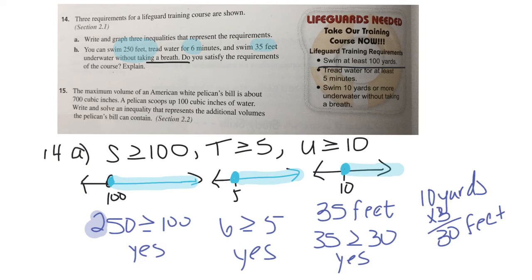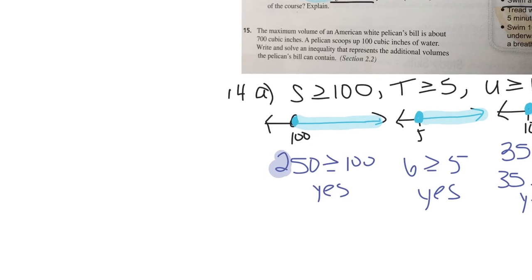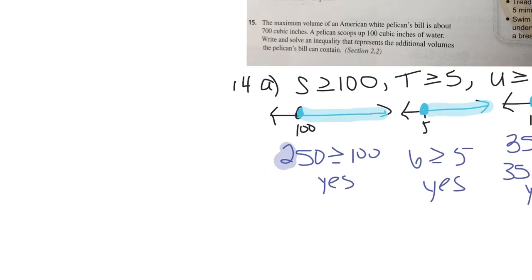Number 15, the maximum volume of an American white pelican's bill is about 700 cubic inches. So max volume, that means it's less than or equal to 700. A pelican scoops up 100 cubic inches of water. Write an inequality that represents the additional volumes the pelican's bill can hold.